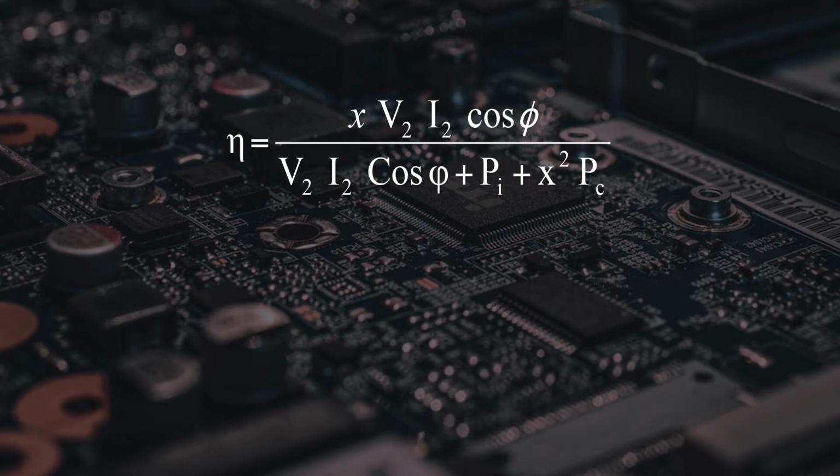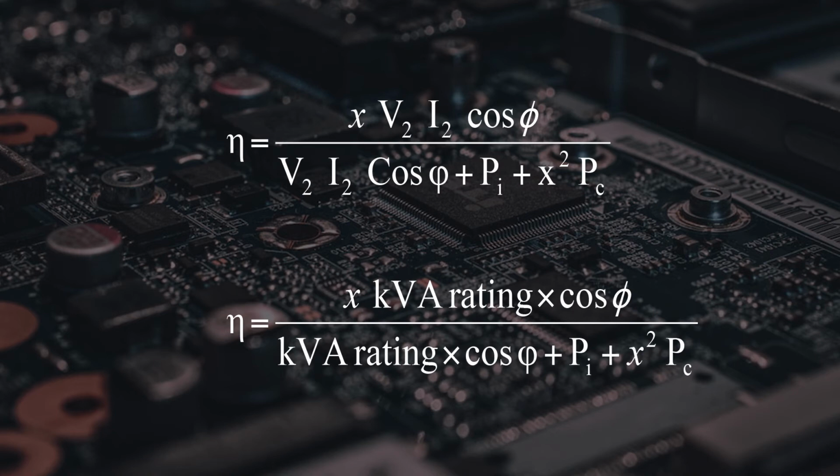Here x V2 I2 cos phi is the output power, Pi is the iron losses and Pc is the copper losses. This can also be written as efficiency is equal to x times the kVA rating of the transformer multiplied by the power factor, upon x times the kVA rating multiplied by the power factor plus iron losses Pi plus x square multiplied by copper losses Pc.